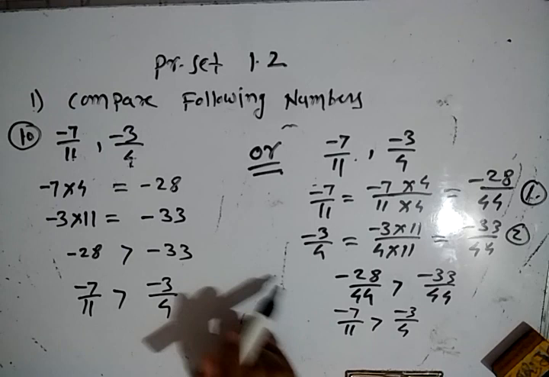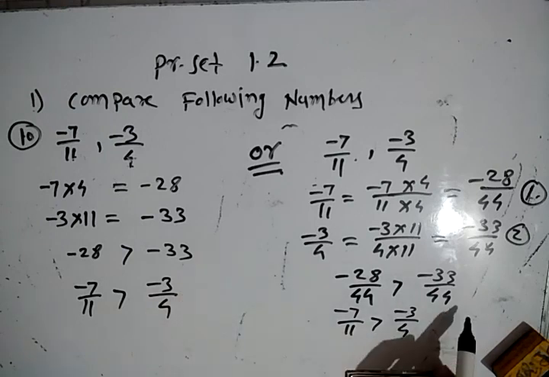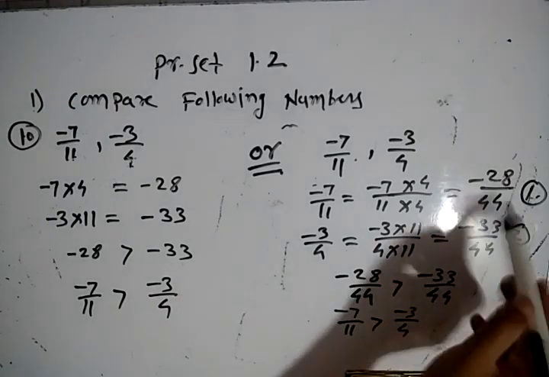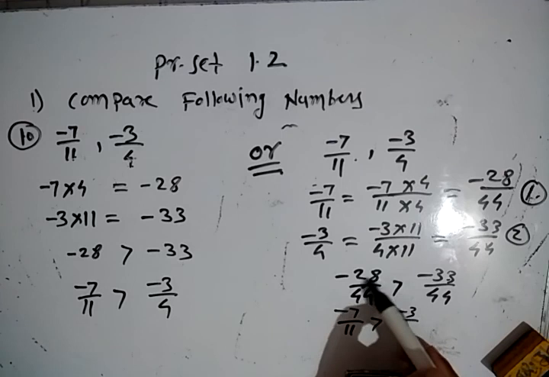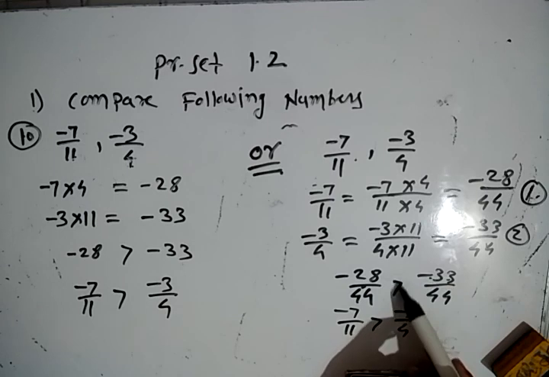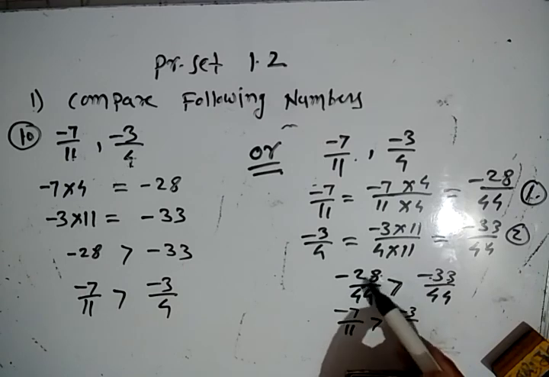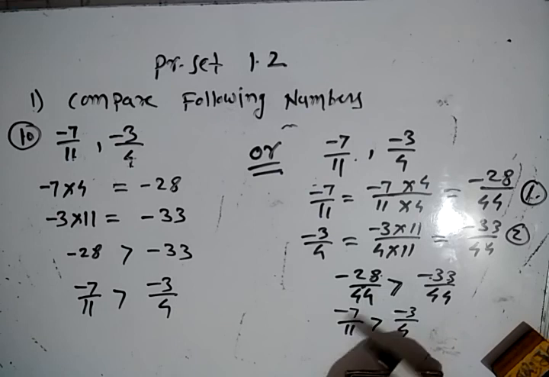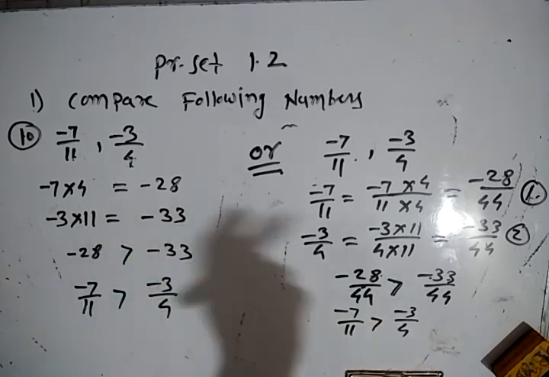This is another method to solve the same problem. Here minus 28 is greater than minus 33, because minus 33 is to the left of minus 28. Therefore, minus 28 is greater. In this way, we can solve the same problem.